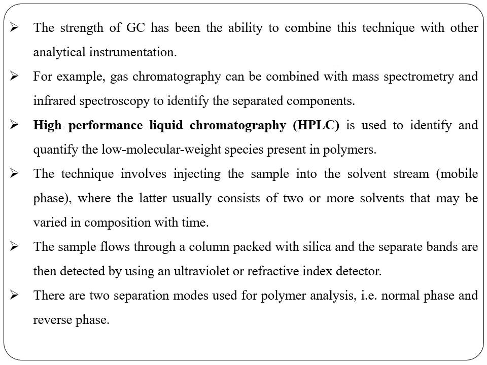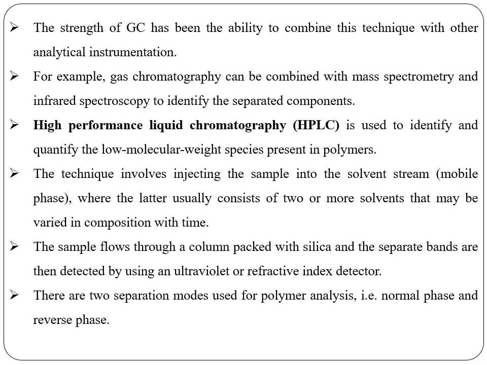HPLC, high performance liquid chromatography, is used to identify and quantify the low molecular weight species present in polymers. The technique involves injecting the sample into the solvent stream, and the solvent usually consists of two or more components that may be varied in composition with time.